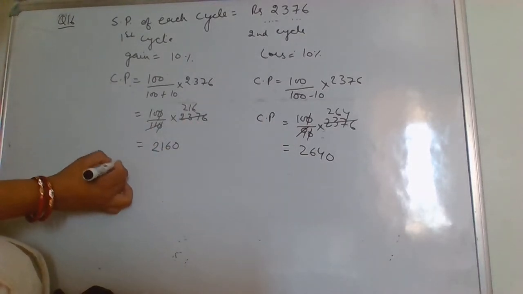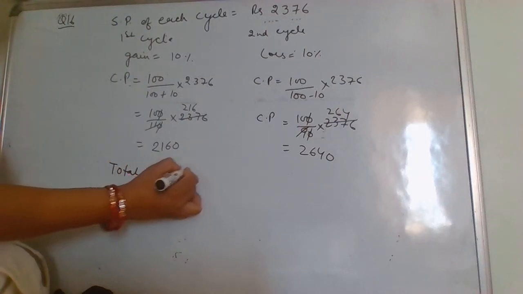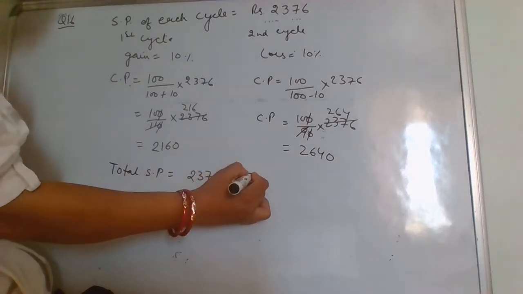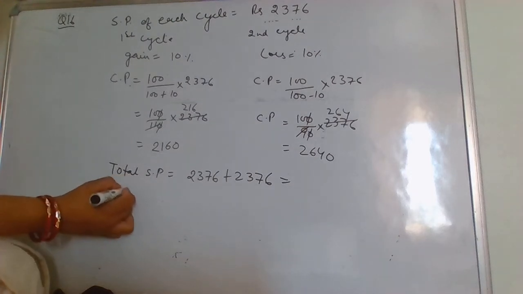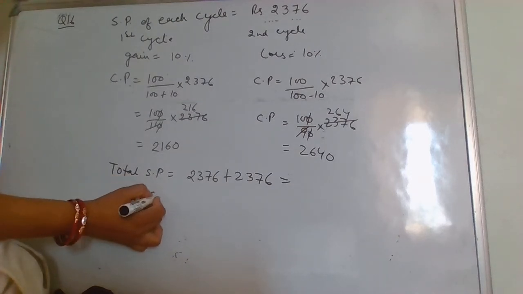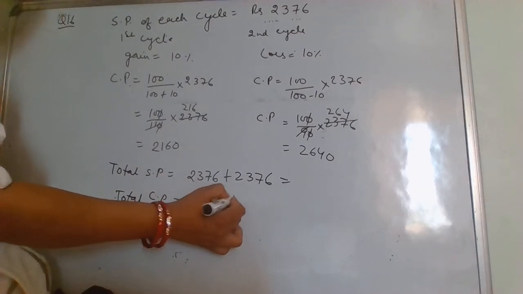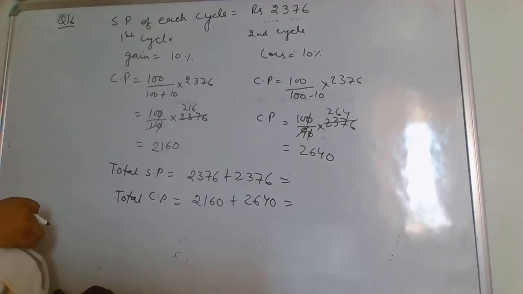So we will write down the total selling price: 2376 plus 2376. Total cost price is 2160 plus 2640. We will add these two together.